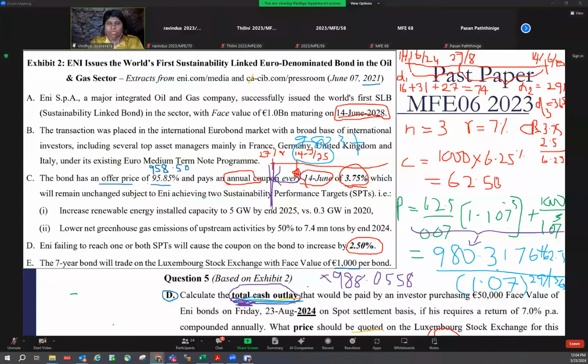So this 988 is for 1,000 face value. So for 50,000, what is your total cash outlay? 49,402.09. Okay.